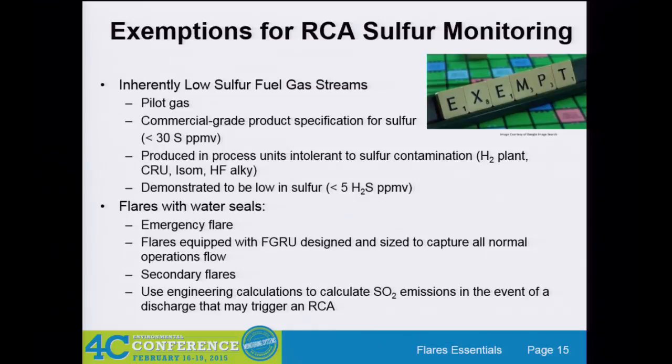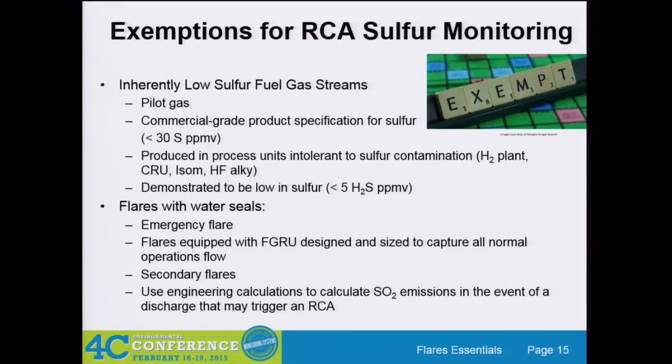Exemptions. We love exemptions. We always want to get a way out. When they wrote the rule, they were nice enough to say, well, basically, if there's no way you can have sulfur in that stream, you don't have to monitor it. So, thank you. We don't like to put in analyzers for no reason. So you don't have to monitor pilot gas.